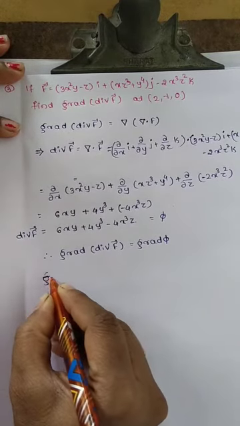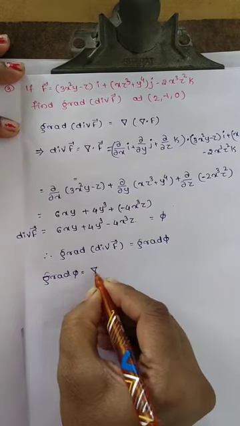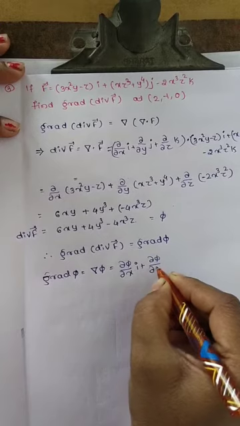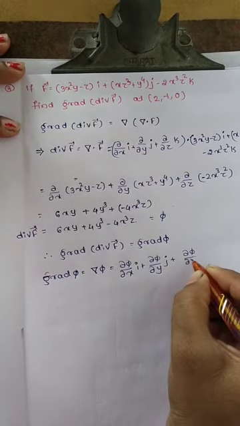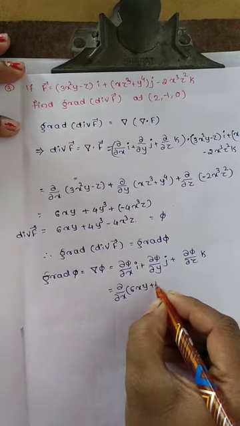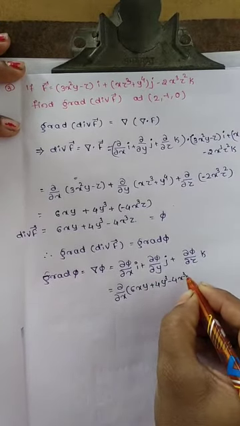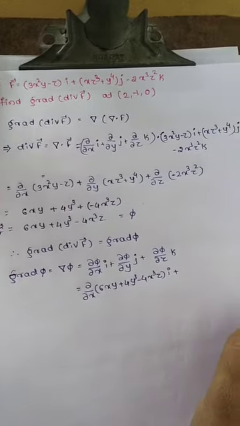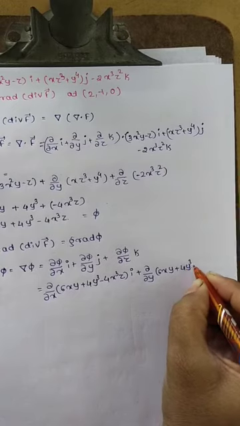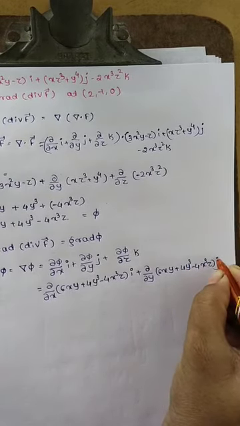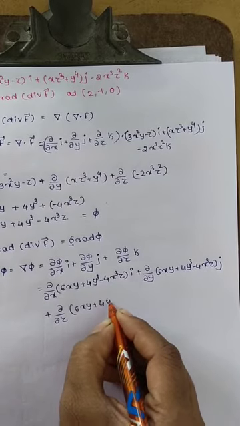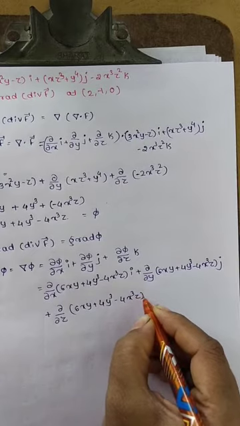That is, grad phi is nothing but del phi, that is, ∂phi/∂x i plus ∂phi/∂y j plus ∂phi/∂z k, which equals ∂/∂x of (6xy + 4y³ − 4x³z) i plus ∂/∂y of (6xy + 4y³ − 4x³z) j plus ∂/∂z of (6xy + 4y³ − 4x³z) k.